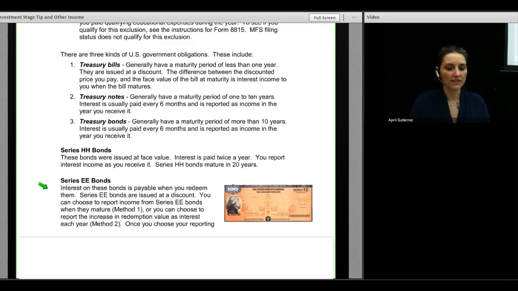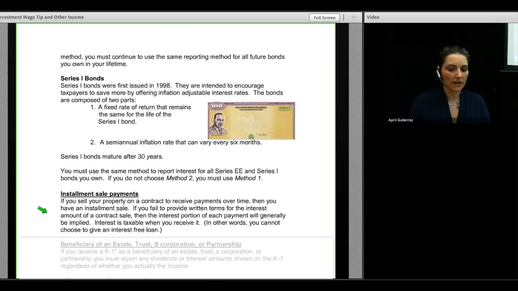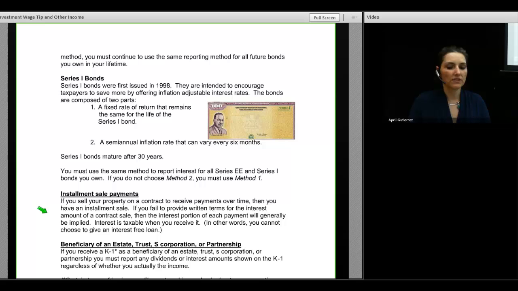Interest on these bonds is payable when you redeem them. Series EE bonds are issued at a discount. You can choose to report income from Series EE bonds when they mature, which is Method 1 and the method that most people use, or you can choose to report the increase in redemption value as interest each year under Method 2. Once you start reporting your interest income under a particular method, you must use the same reporting method for all future bonds you own in your lifetime.